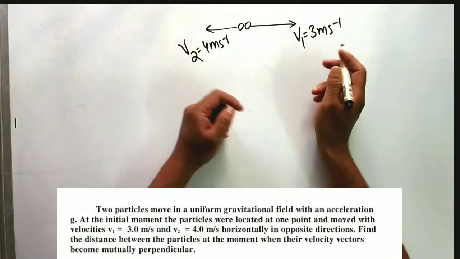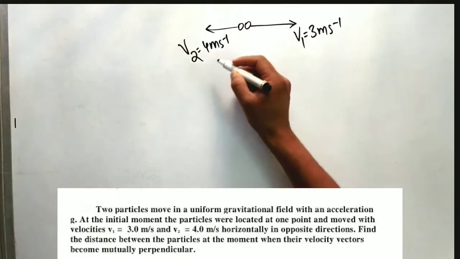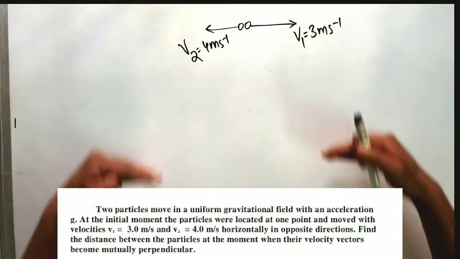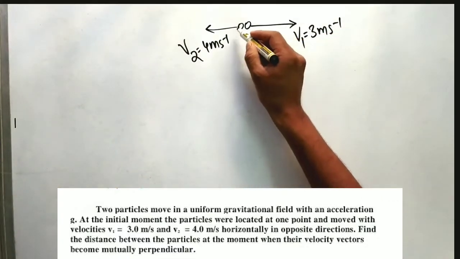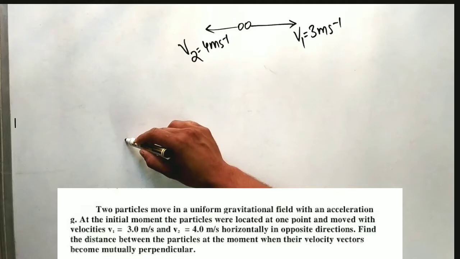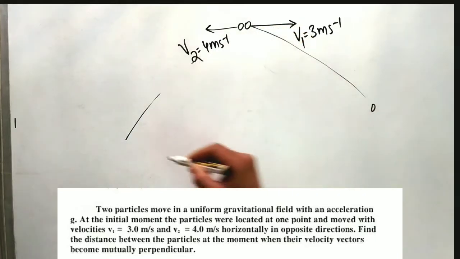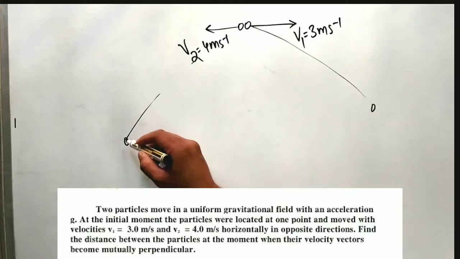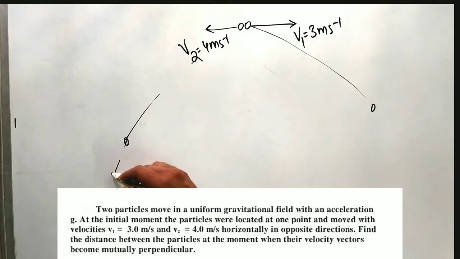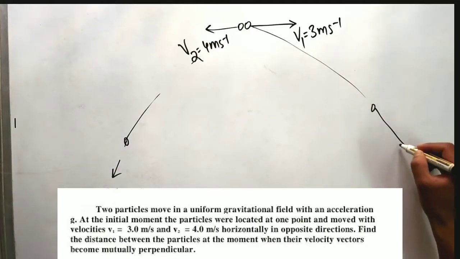Both of them in opposite directions. Since the gravity is acting downwards, we have to find the distance between these two particles when their velocities during their fall become perpendicular to each other.